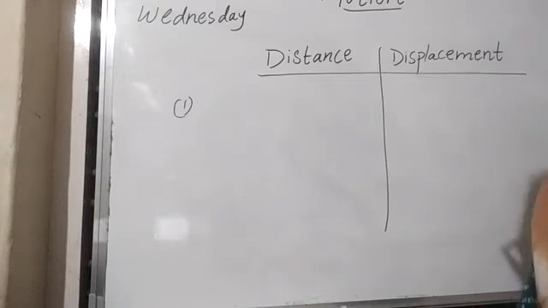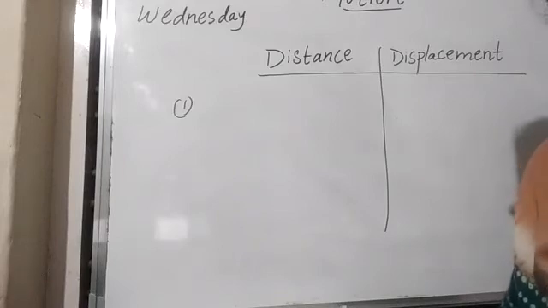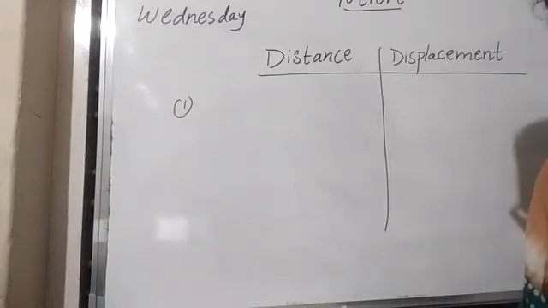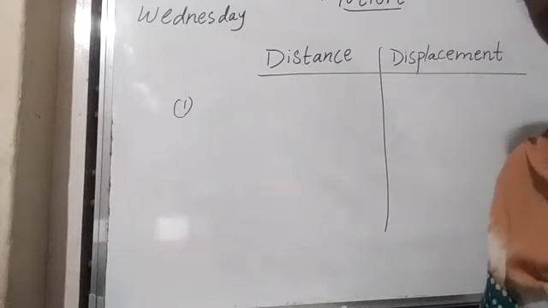So two differences we have explained now. First, distance is the total length of the path covered by an object, and displacement is the shortest distance traveled. Second, distance is a scalar quantity, displacement is a vector quantity.